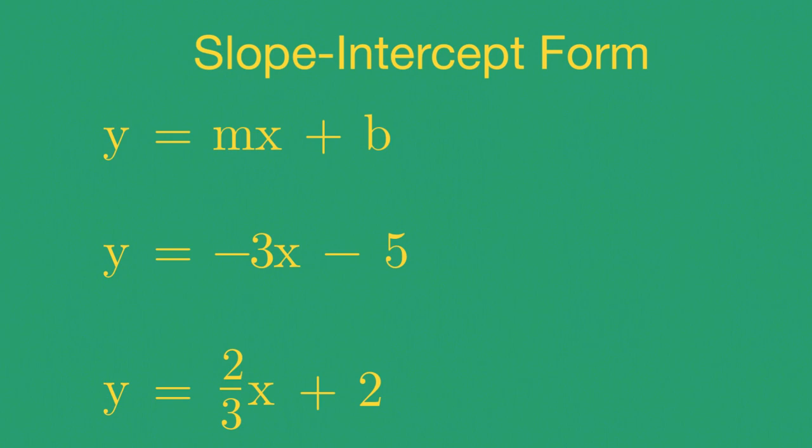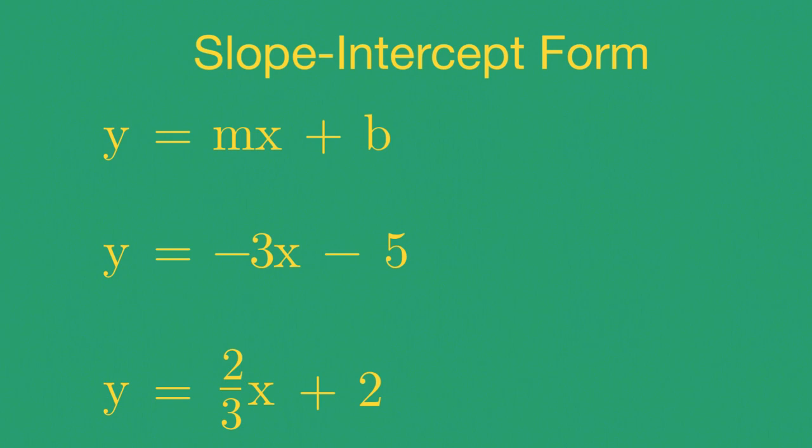We worked on you being able to recognize slope-intercept form, identify the slope, and identify the y-intercept. And we took that information and you wrote equations of lines with it. So, again, slope-intercept form, y equals mx plus b.